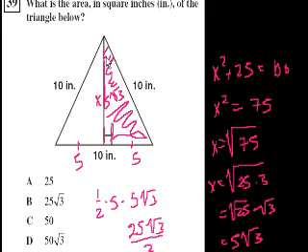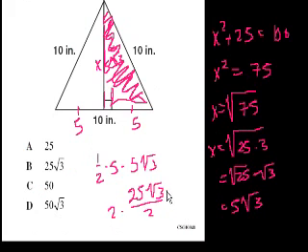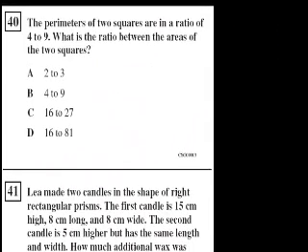And that's just this triangle right there. Well, this triangle is going to have the exact same area, right? They're congruent triangles. So the area of the figure is this times 2. So 2 times that is equal to just the 25 root 3. And that's choice B.